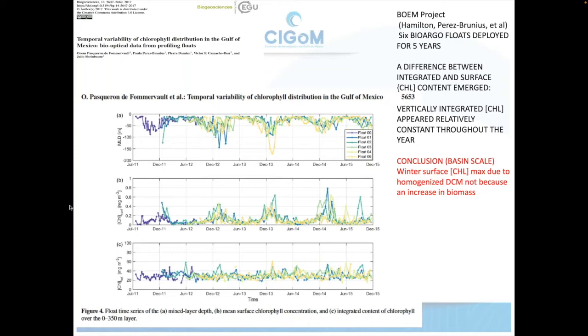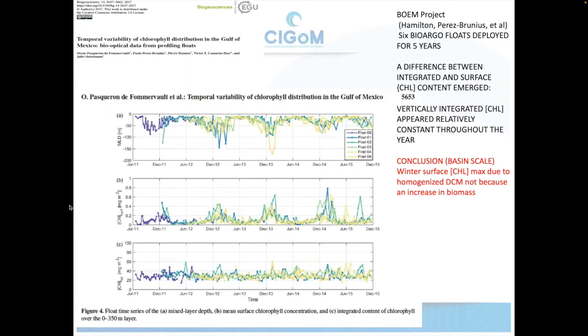The one in the middle is, if I'm not mistaken, the surface chlorophyll measurements, and the one at the bottom is the total chlorophyll content, the chlorophyll integrated from 350 meters more or less to the surface.